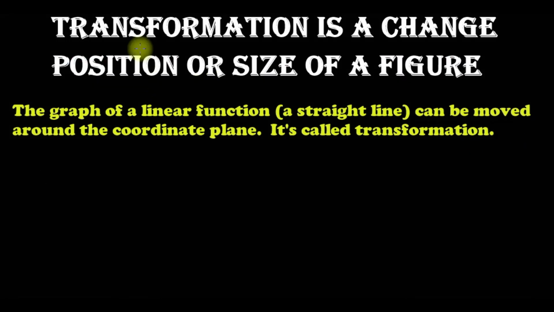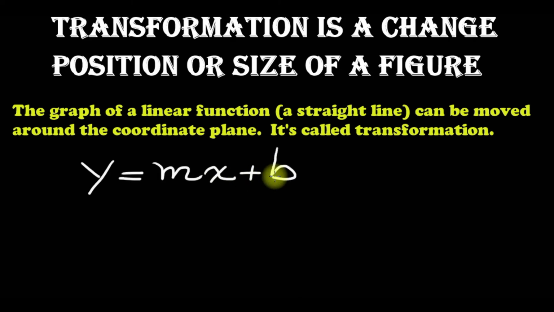Next I want to talk about transformation. The graph of a linear function, which is the graph of a straight line, can be moved around the coordinate plane. This is called transformation. So here is a linear equation, y equals mx plus b, which happens to be slope-intercept form.